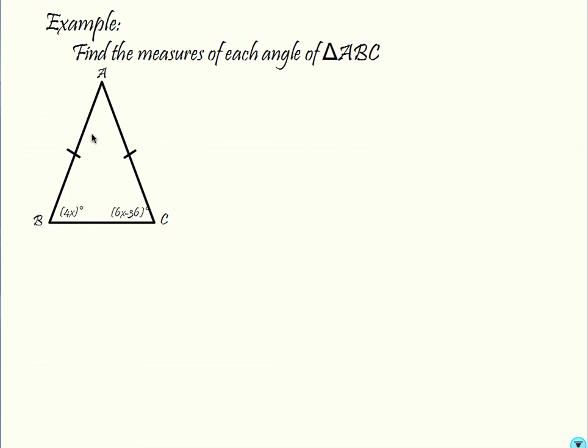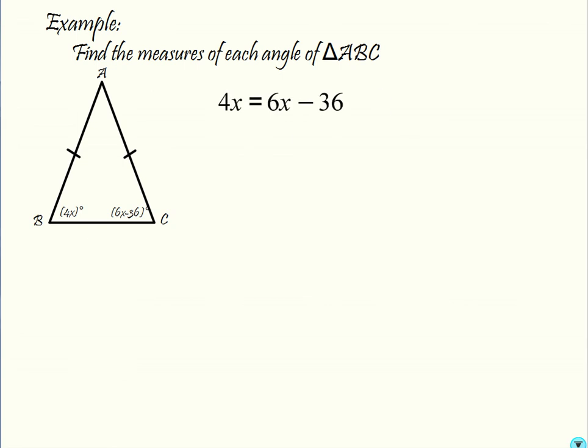The only information it gives us is that I have two congruent sides, and that makes an isosceles triangle. In an isosceles triangle, my base angles are also congruent. 4x and 6x minus 36 are congruent angles. Well, measures that are congruent are equal to each other.